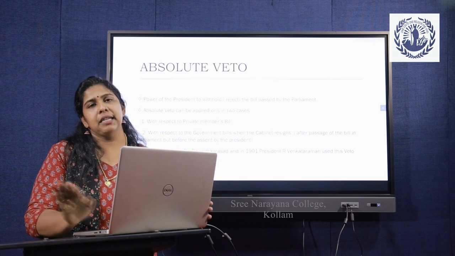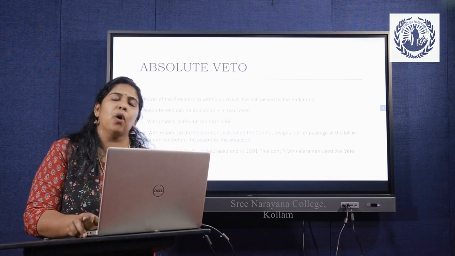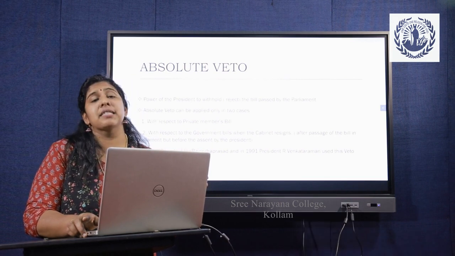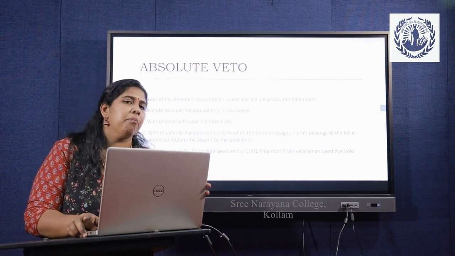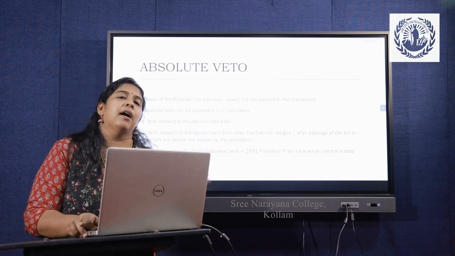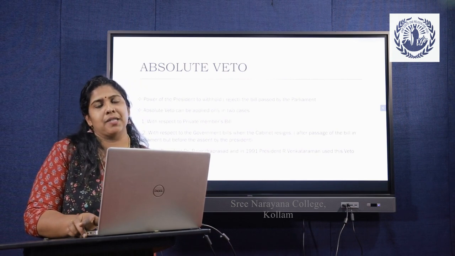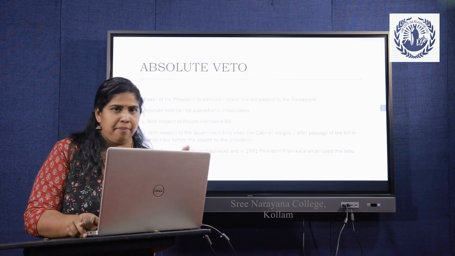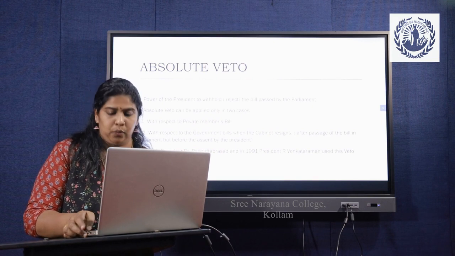And when the next government comes, it asks the President not to give assent to the particular bill. In such cases, the government's bill can also be rejected by the President of India. In these two cases only, the President can completely reject a particular bill. That veto power is considered absolute veto.